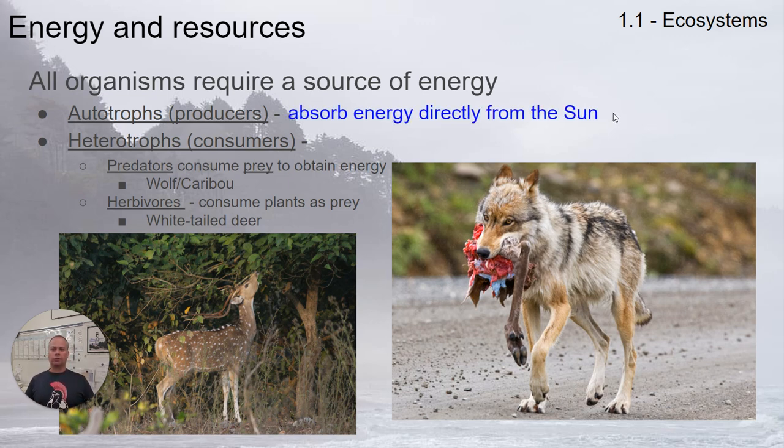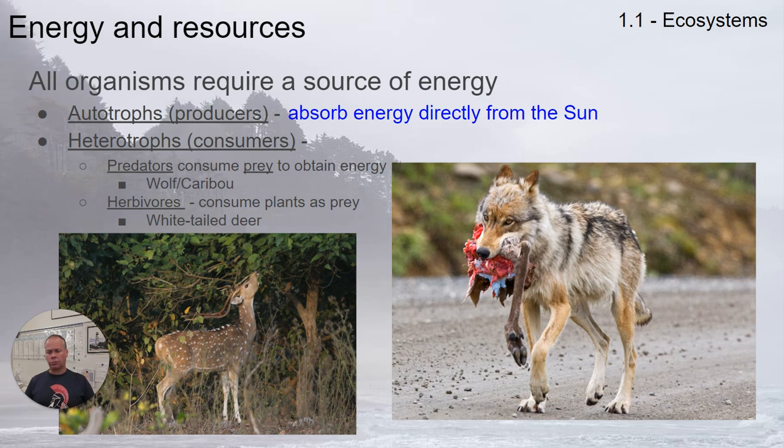So autotrophs, or producers, are those organisms that can absorb energy from the sun and use it in photosynthesis to produce molecules that they can then use to extract energy from. Autotrophs and producers are transforming energy from sunlight into other forms of energy stored in molecules of glucose and ATP and other materials as well.